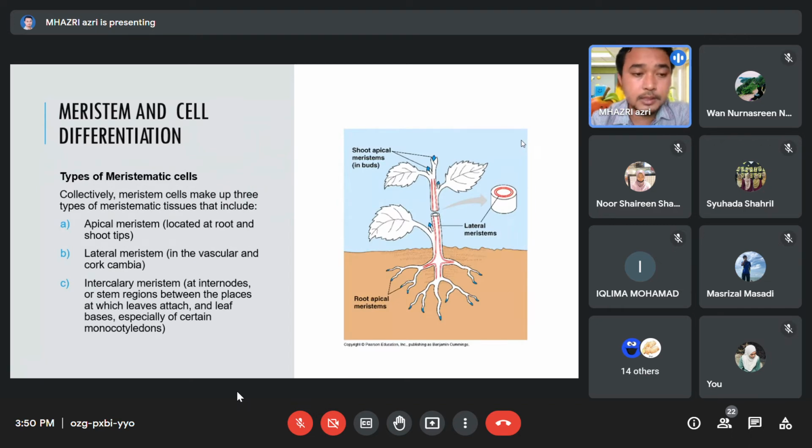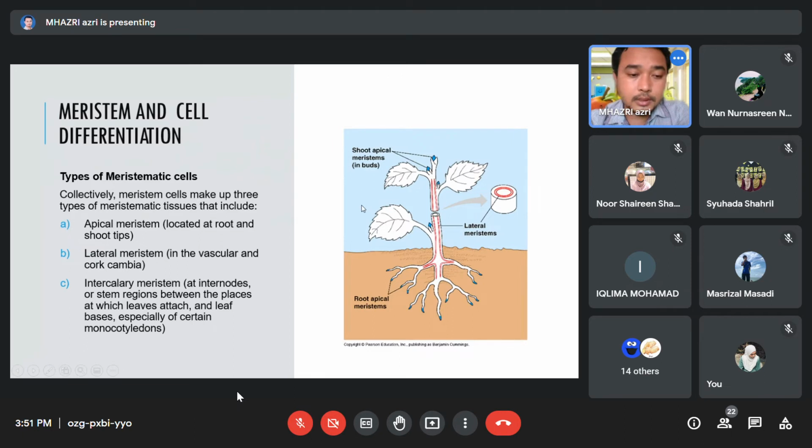So there are a few types of meristematic cells or tissues that can be found in plants. We can find apical meristems. Apical meristems are meristematic tissues located at the root and also shoot tips. So that's why plant shoots and plant roots can continuously grow, because they contain meristematic tissues.